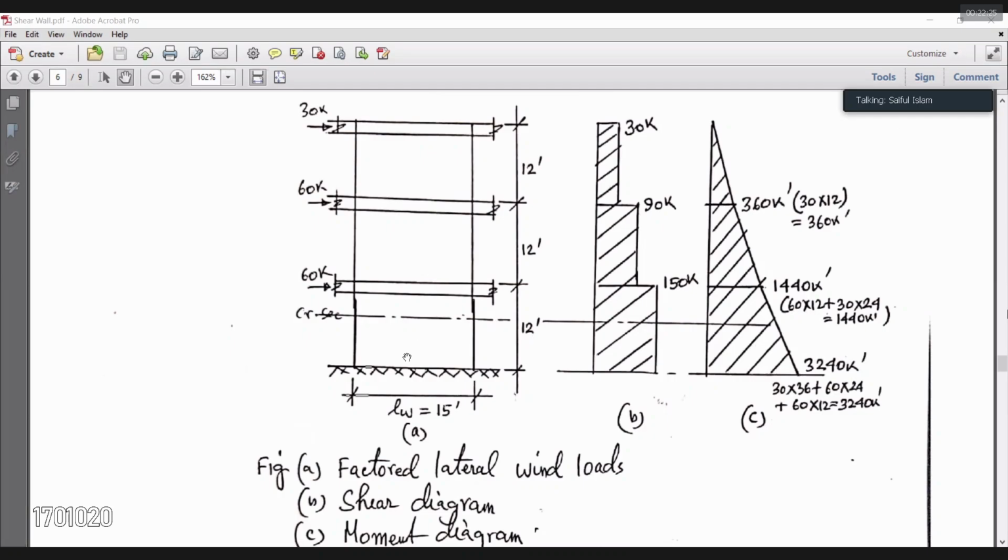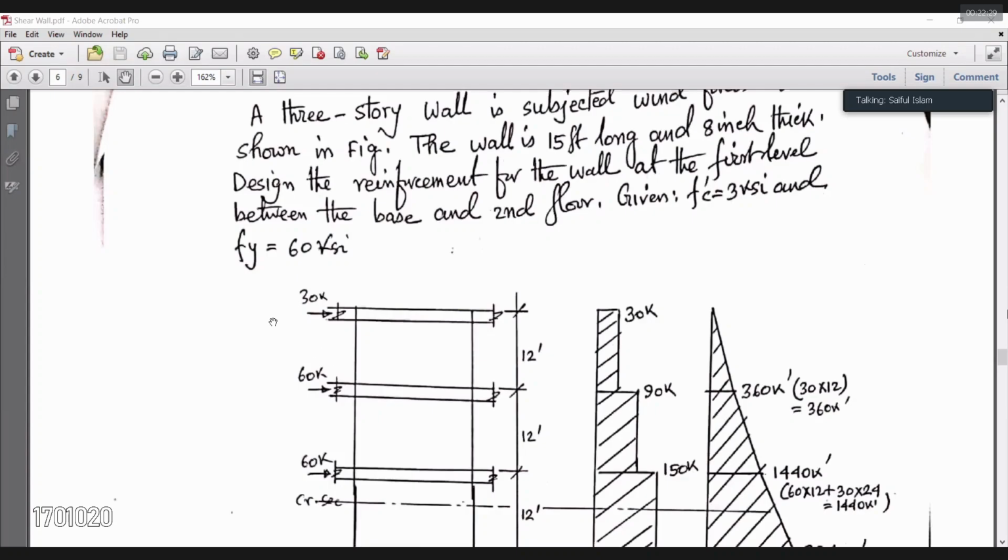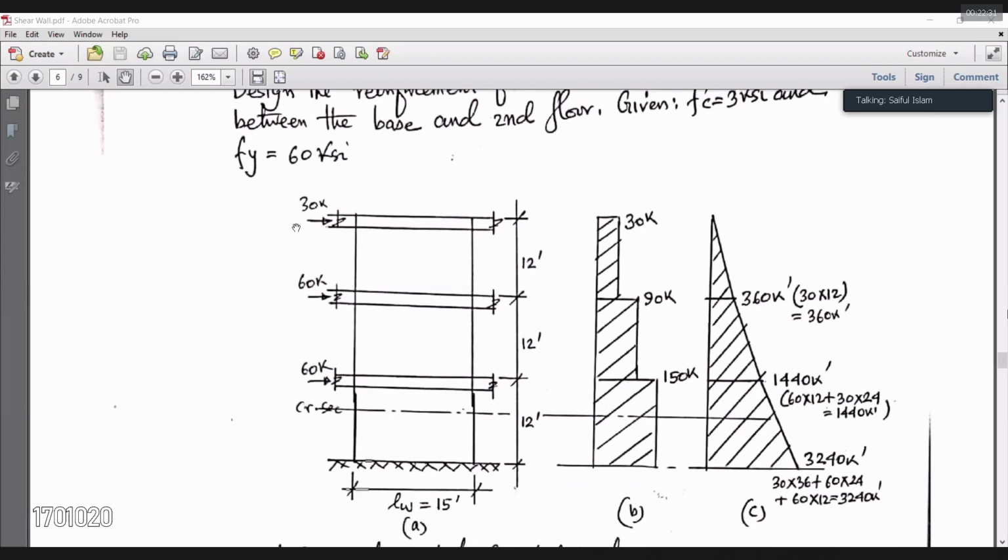Now firstly you draw the shear force and bending moment diagram. Since it is a concentrated force, up to 30 the shear is constant, then 30 plus 60, 90, constant up to this, then with 90 again 60 will be added, so 150 constant. So between these 12 feet the shear is constant, and you design the wall for this floor only, so you have to design the wall for 150 kip constant shear.